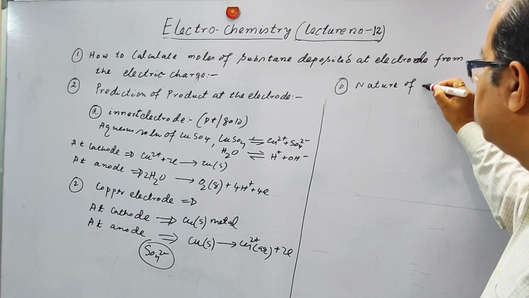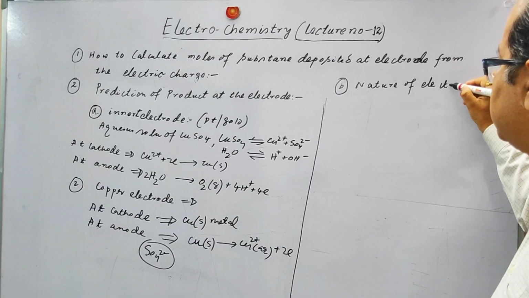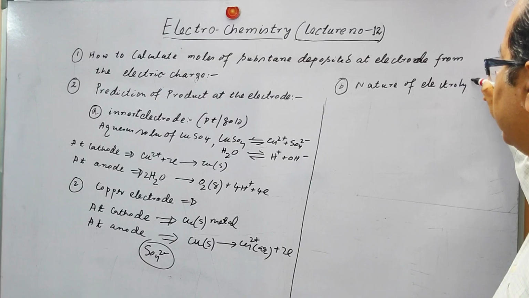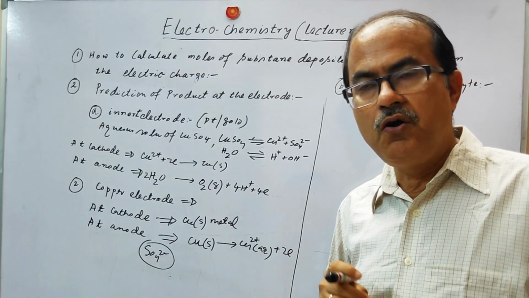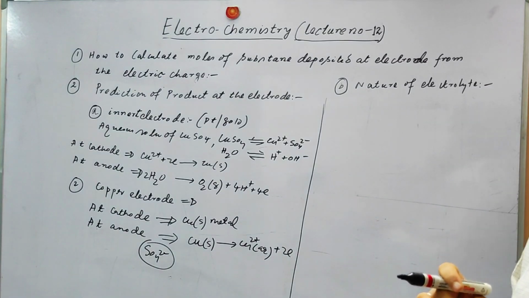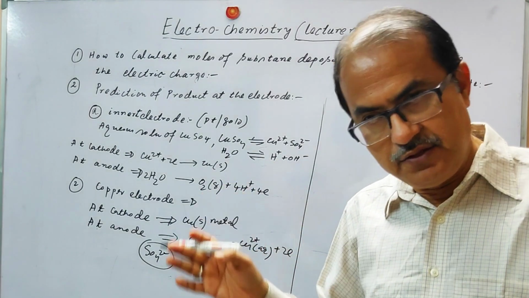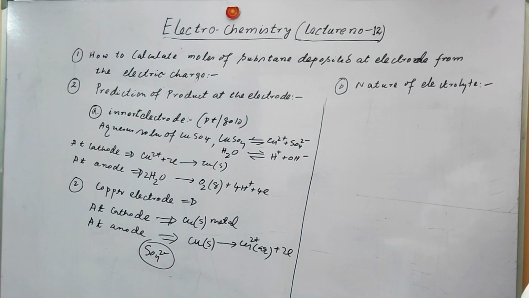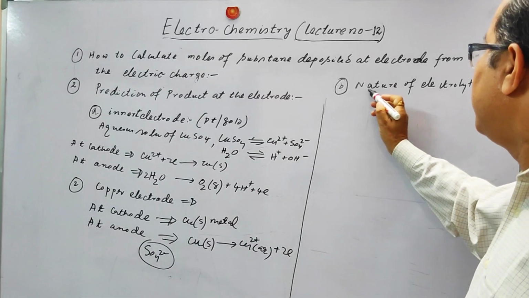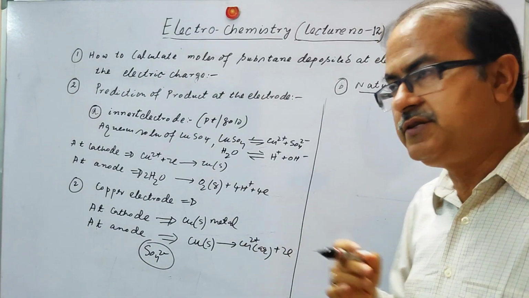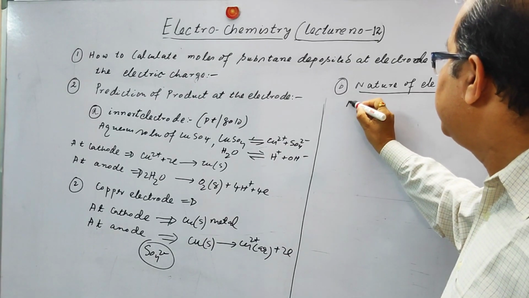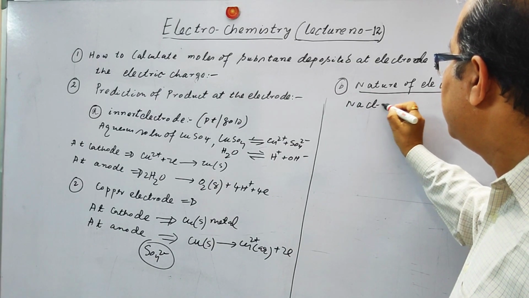Basically it will depend on which type of oxidizing or reducing species is available in the electrolyte. The electrolyte may be aqueous or in the molten state. As an example, we are taking molten NaCl.